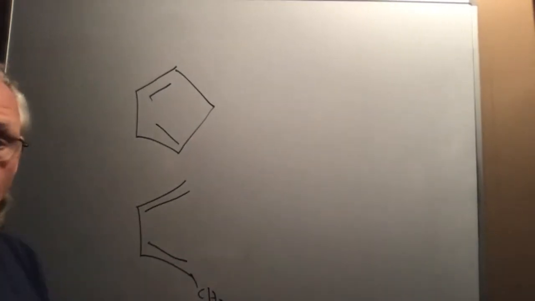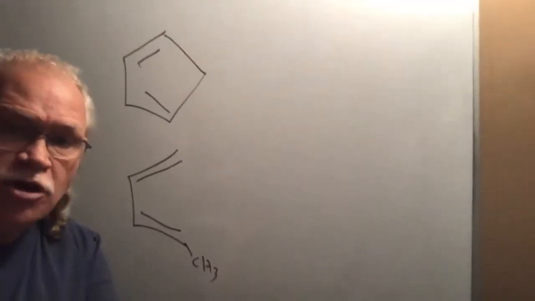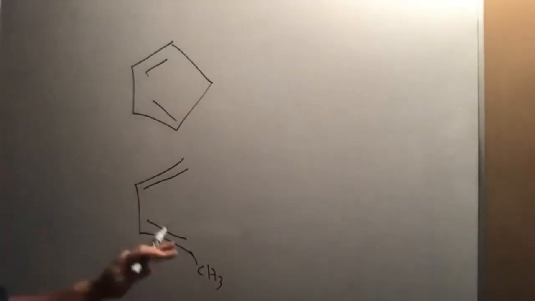Now, this is one that students miss all the time on the test whenever it appears on the test questions. I'm going to give you this question and ask you which one reacts faster. Notice both of them have 5 carbons total in the molecule.